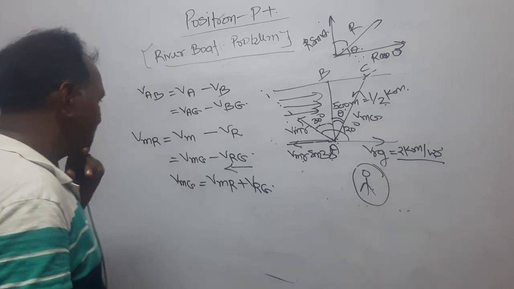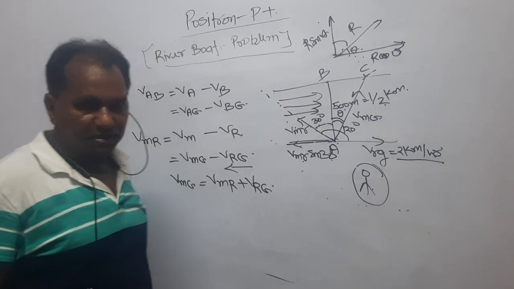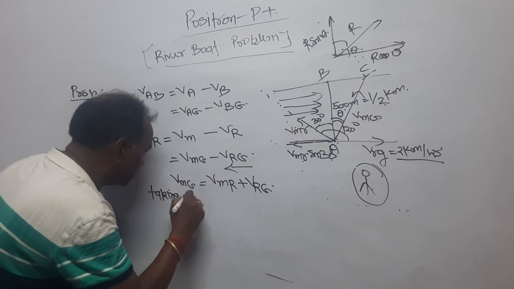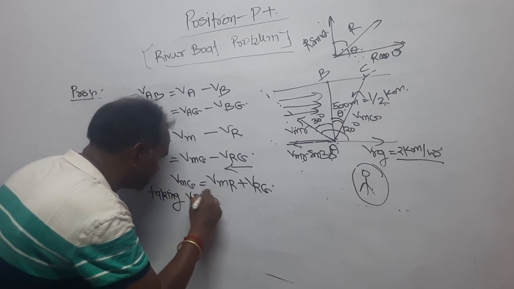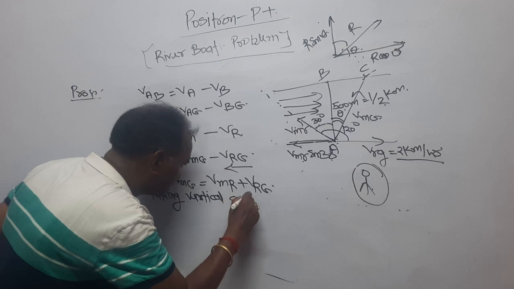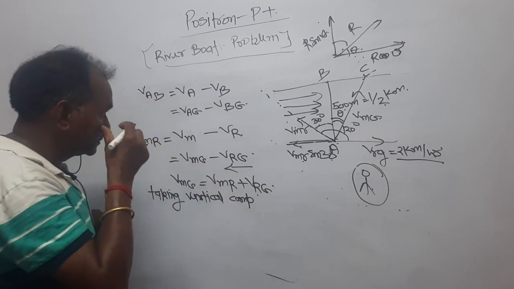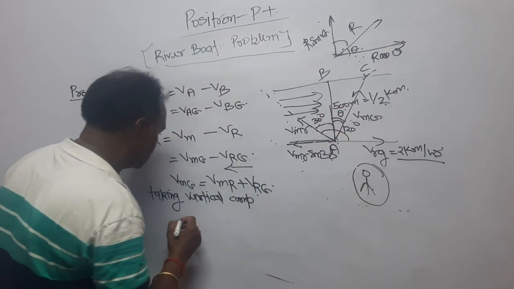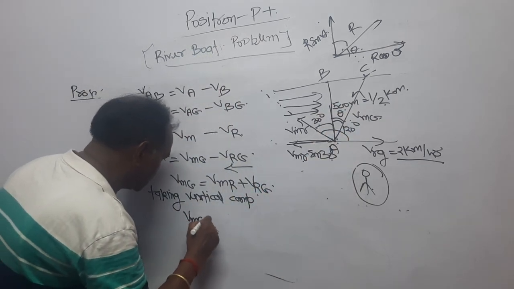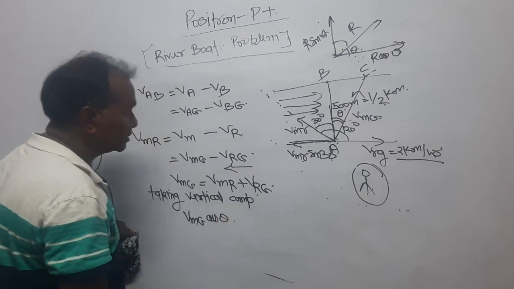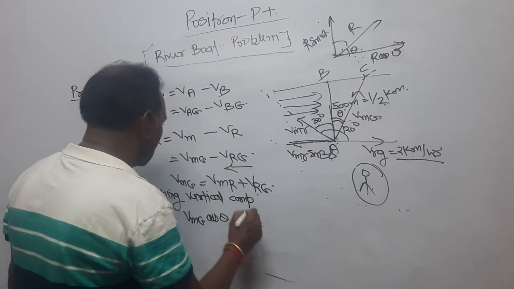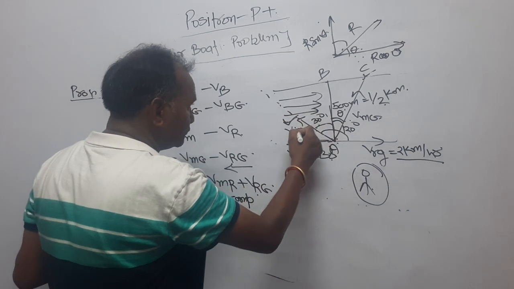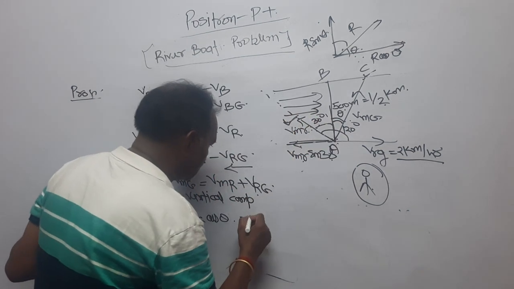Now, dear student, take the vertical component. Taking vertical component, what comes? Look here. It will be VMG cos theta, right? And VMR, the vertical component of this is VMR cos 30.